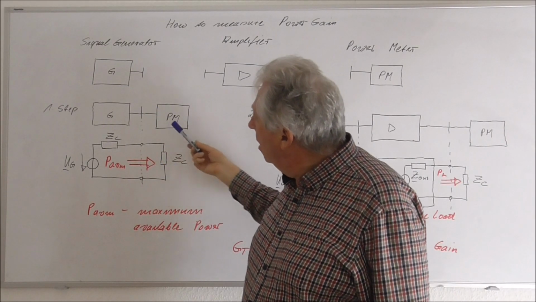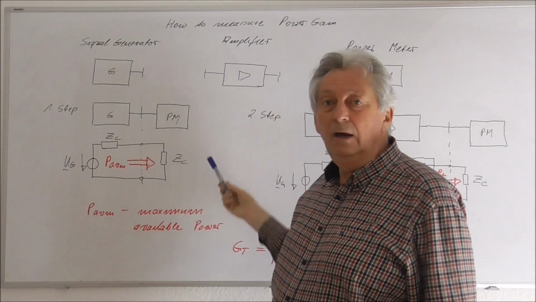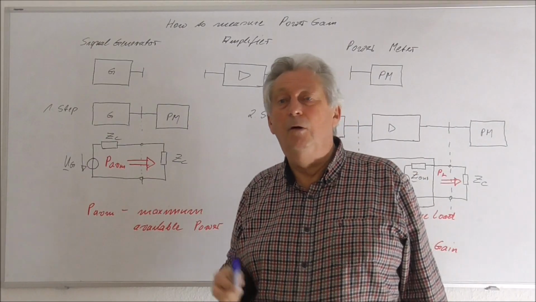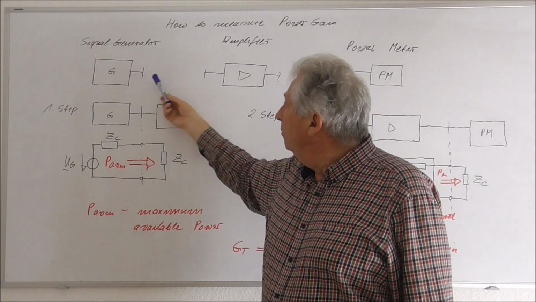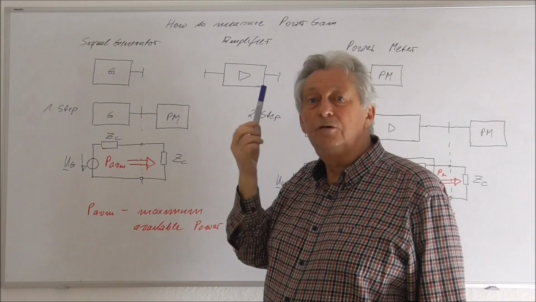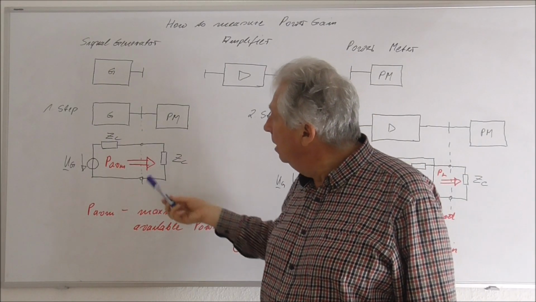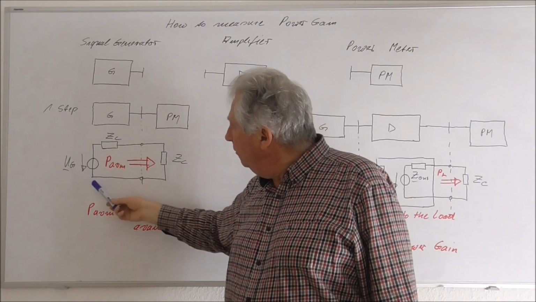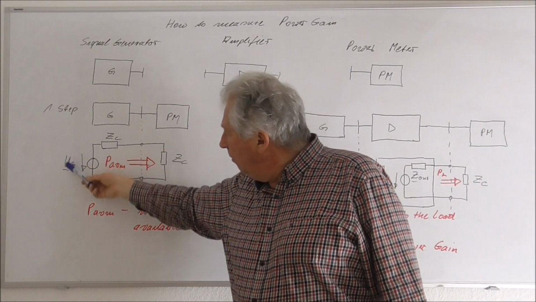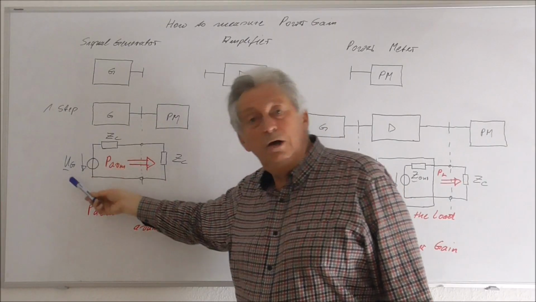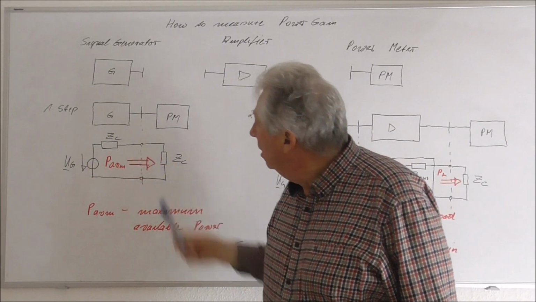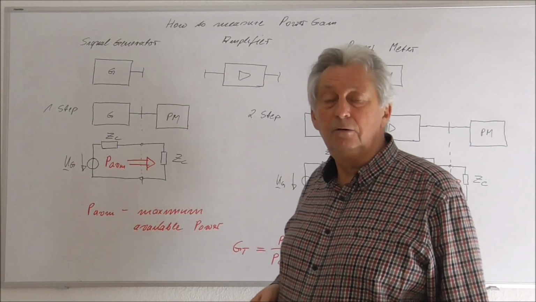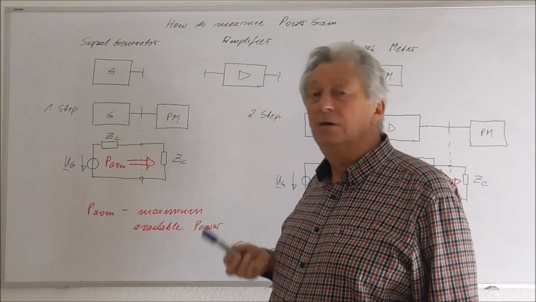And what we did now, I sketch here in the equivalent circuit, because all these components are normally connected with coaxial cables which have a certain characteristic impedance. The equivalent circuit of our signal generator will consist of a voltage source and an internal resistance which must be equal to the characteristic impedance of the measurement setup.